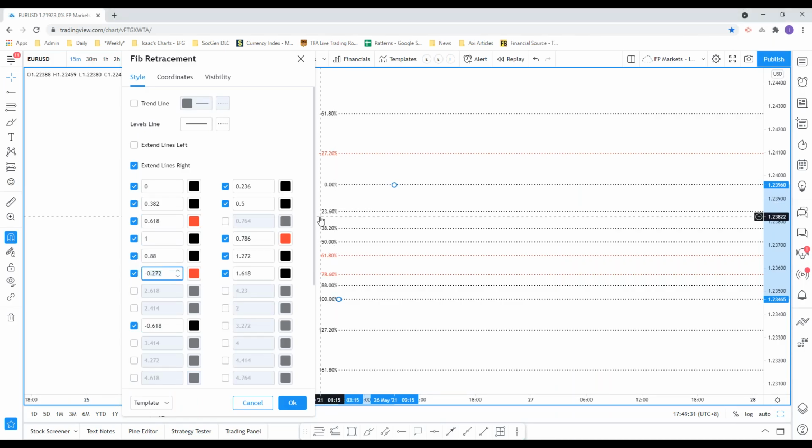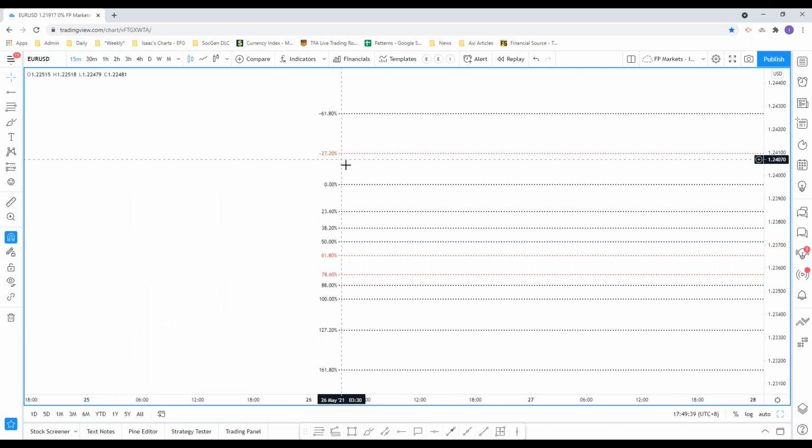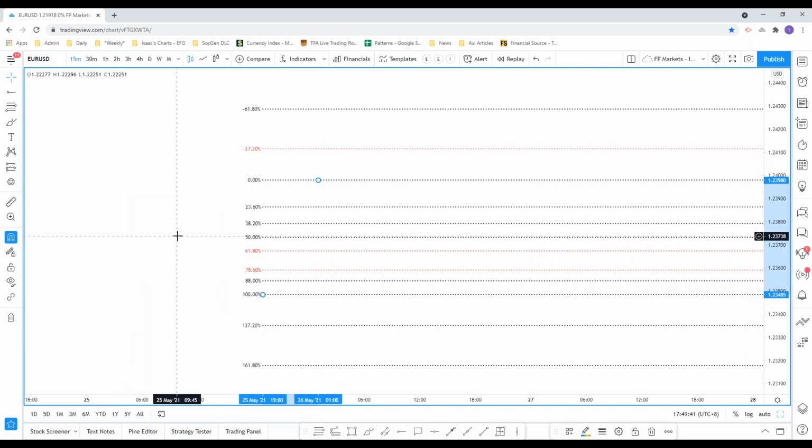Robert, same level from different measures. Yes. Daniel, I think you mean round numbers, and yes, round numbers can be a sort of confluence. Confluence is a very broad word, and it can be anything.